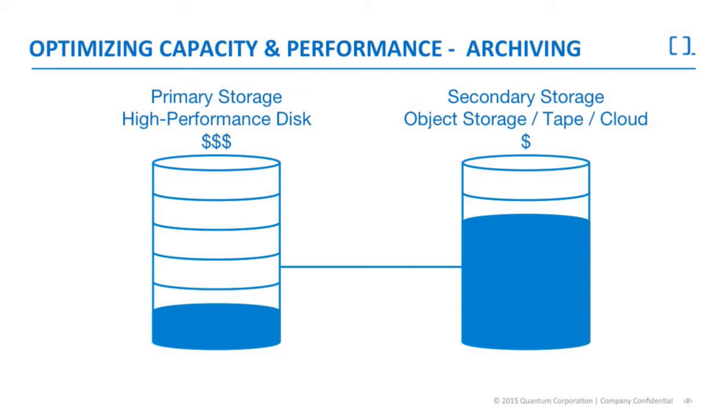So that high performance primary disk is a high value commodity, and you want to use that as efficiently as you can. So this model of archiving or tiering off to a lower cost tier is one way of freeing up that high performance disk. Not to mention the fact that you're just freeing up space. So you've got space to work with, and we all know that systems tend to run better when they can move files around and access data more quickly when there's more space around.